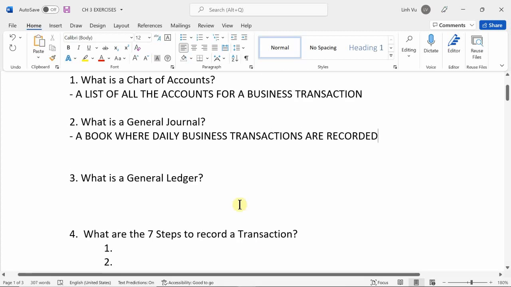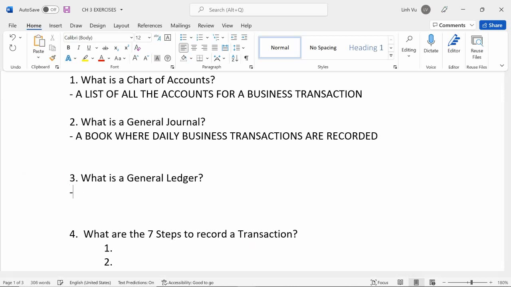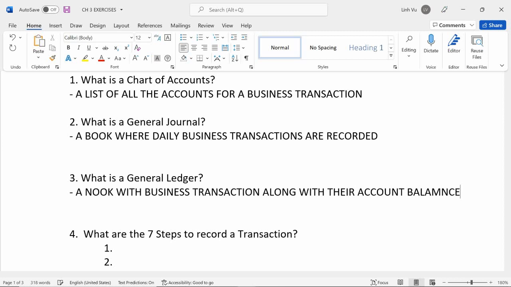What is the general ledger? Running account balances. Yes. Good. So it is also another book with business transactions, along with their account balances.